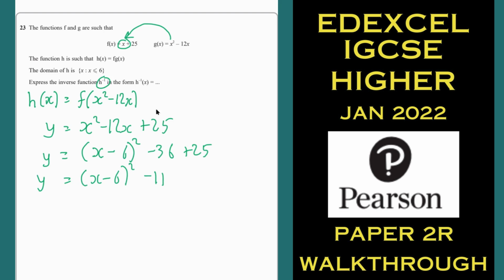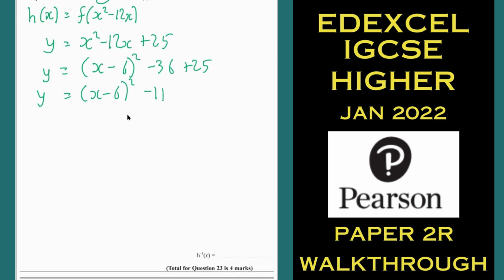And now we can proceed to make x the subject. So let's add 11 to both sides. Then we'll square root. I'll come back to that in a sec. Now to complete the job, add 6 to both sides. I'll just flip them around.